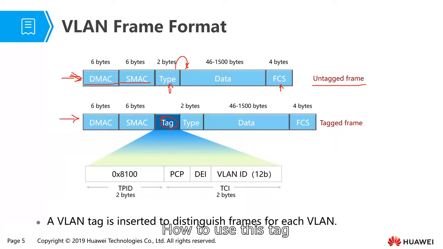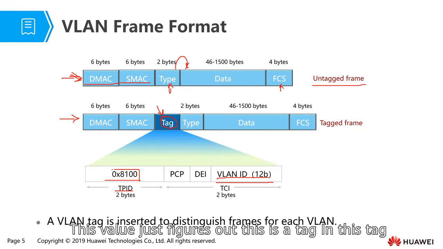How do we use this tag? This tag is just to identify which VLAN this frame belongs to. The VLAN ID is inserted, but we need to identify that this is a tag, not a type. So here there is a TPID, with the value 8100.